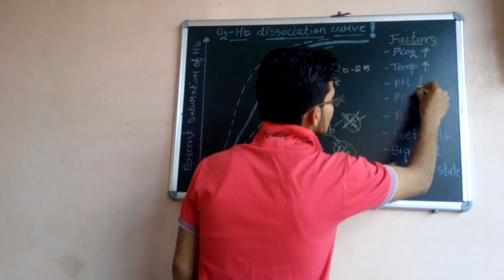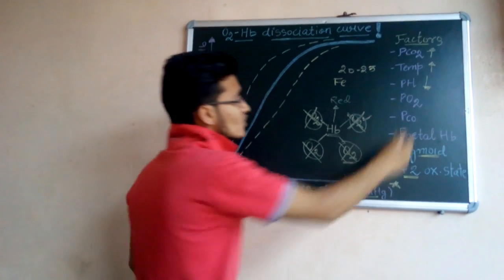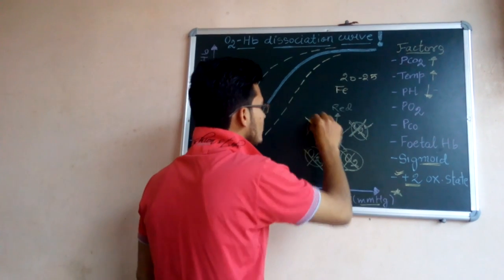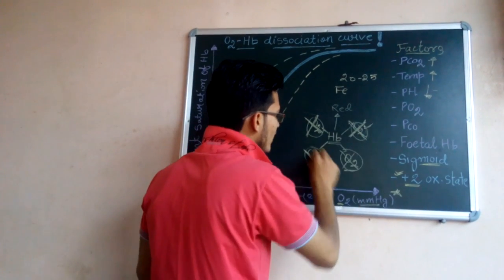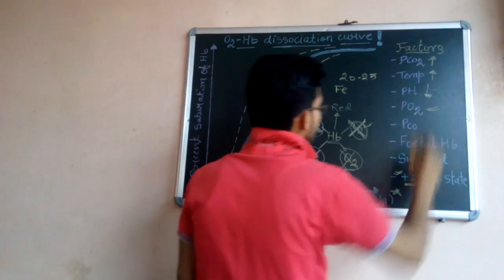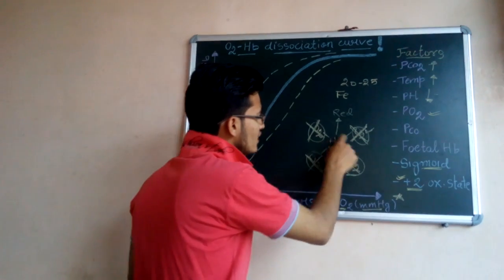When we decrease pH, we are increasing the acidity of a solution. So when we make the solution acidic, the graph again shifts to right, because the oxygen will not be able to bind the Hb molecule. The PO2: the higher the PO2, the more will be the binding with Hb.